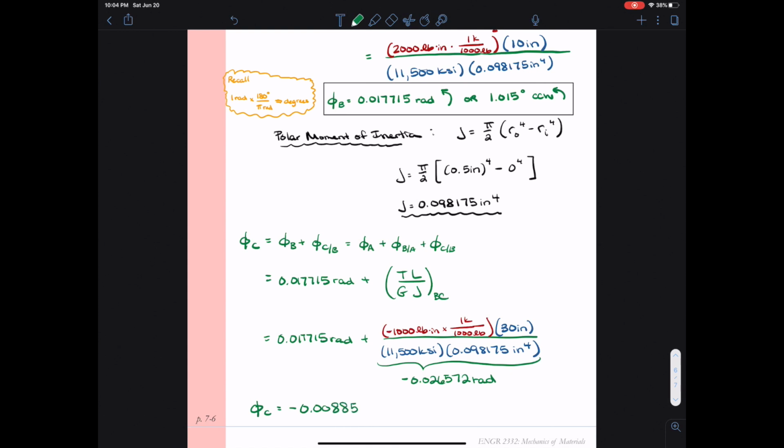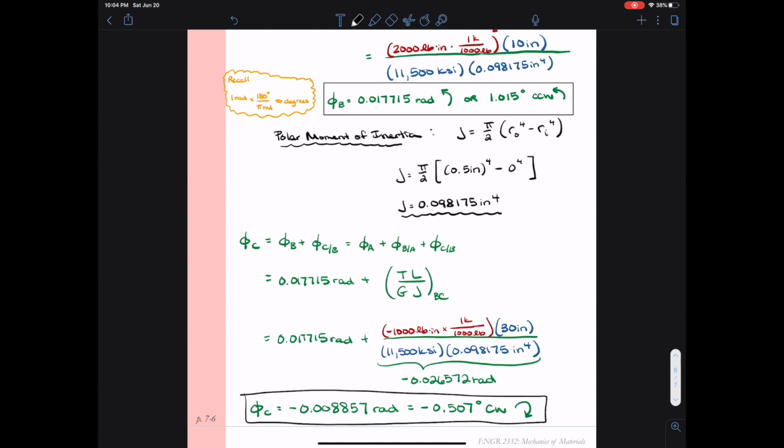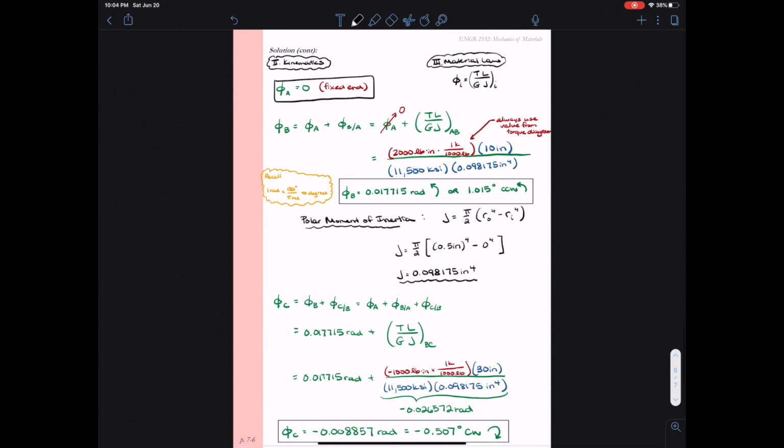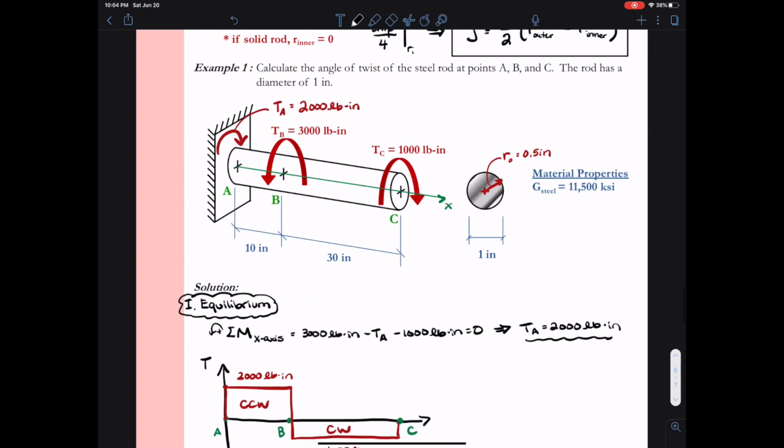When I add these two values together, I see that I have 0.017715 minus 0.026572 radians, which gives me negative 0.008857 radians, or negative 0.507 degrees. The negative sign indicates that it's clockwise rotation, so the total angle of twist at point C, relative really back to point A. If we were to draw a point along the cross-section at point C, after we apply all of these torques, we would expect that point to have rotated clockwise by 0.507 degrees.